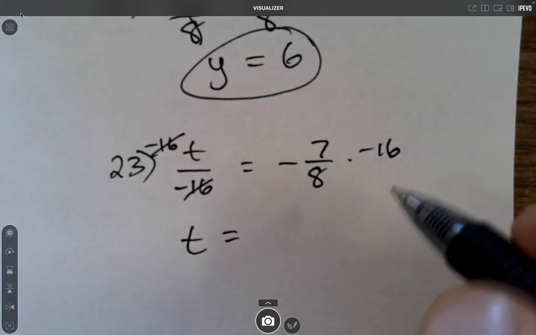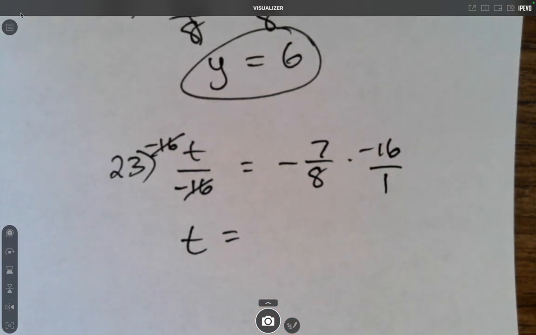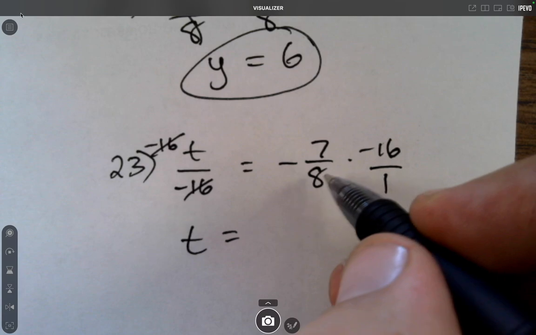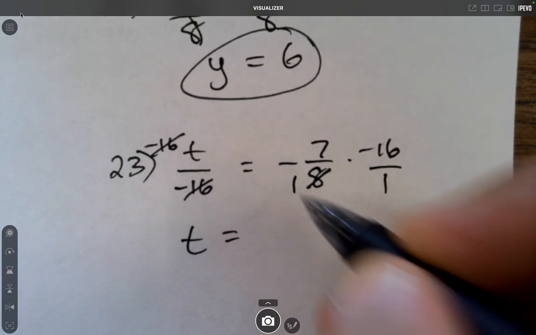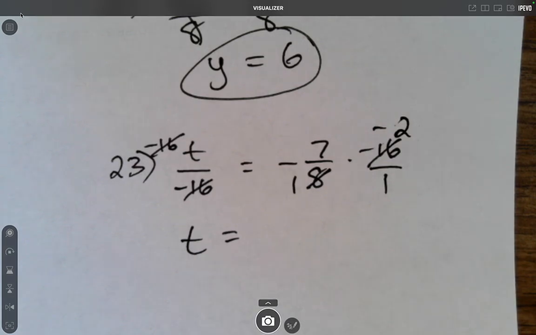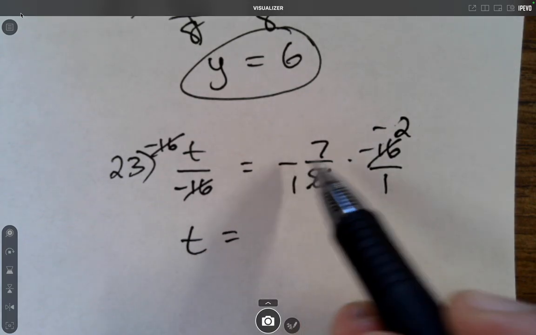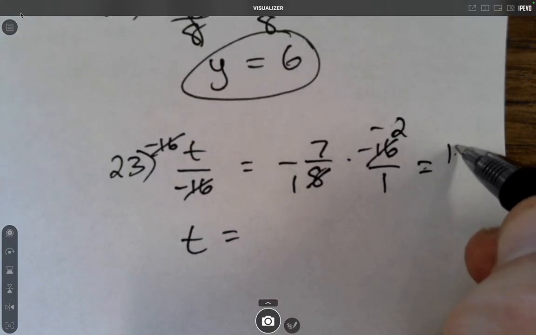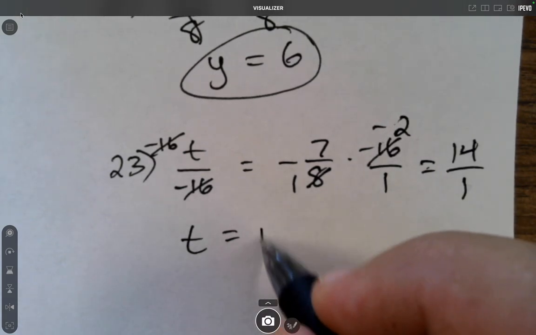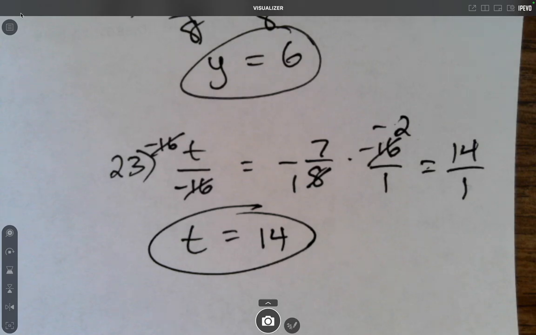And I'll treat this as -16 over 1. Now if you notice, 8 and 16 are both divisible by 8. So I can divide this by 8 and it becomes 1. Divide this by 8, it becomes -2. So I have -7 times -2, which is +14, over 1 times 1. So our final answer is 14.